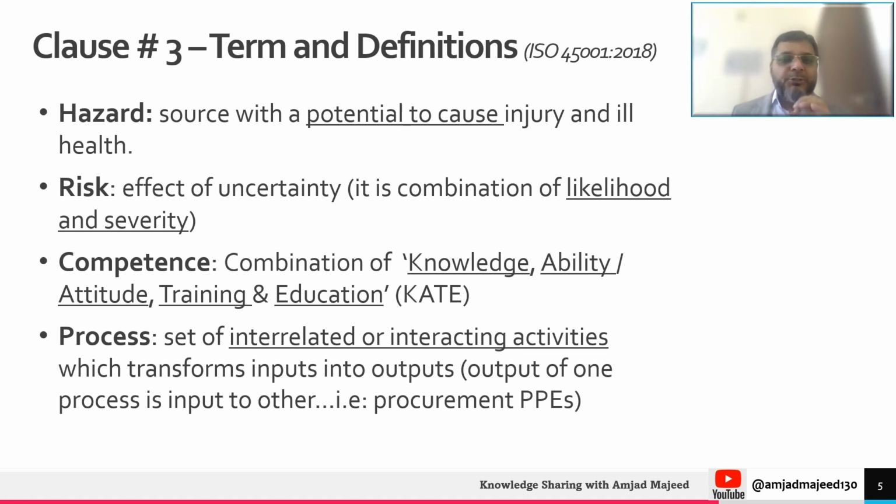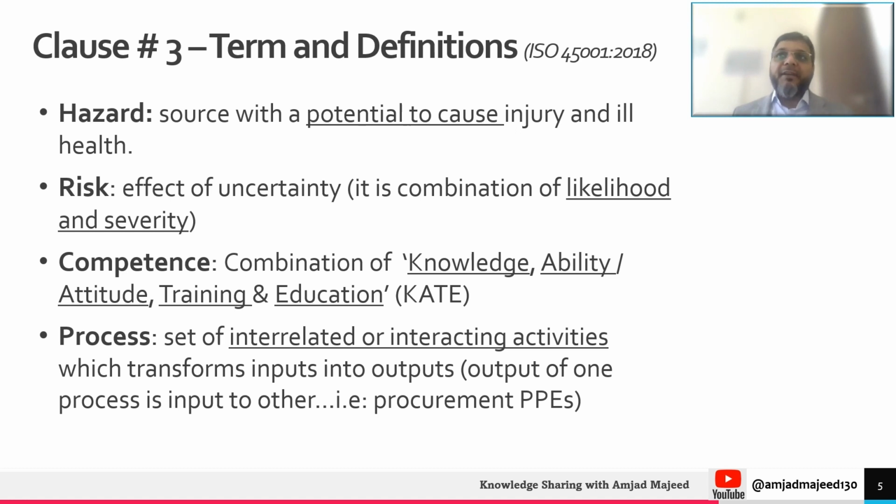So what exactly are you doing at that point of time? Regardless of whether you are literate or illiterate, you are actually evaluating the risk, and accordingly you set your speed to cross the road as well. You decide whether to cross or not to cross, isn't it? So that is the risk.